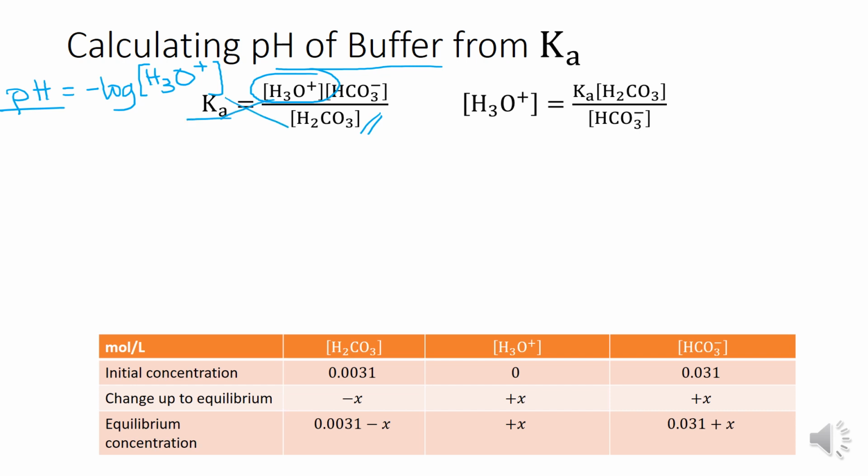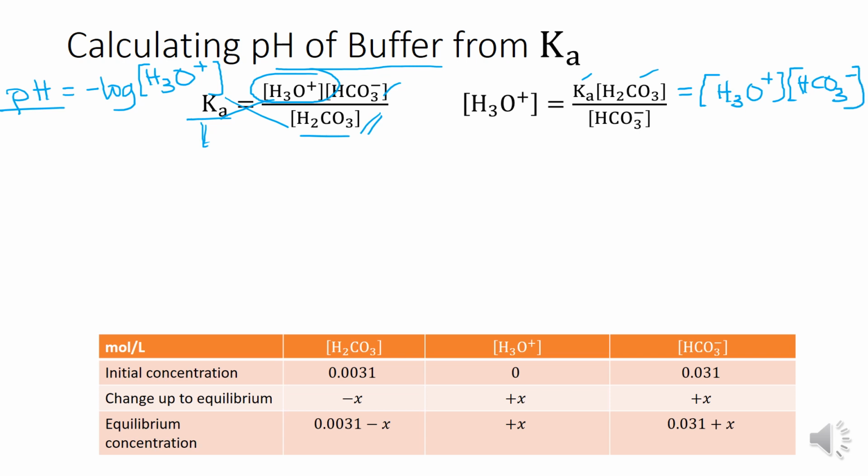Of course, this is over 1. So we have Ka times this denominator equal to 1 times this numerator, so that's hydronium ion concentration times bicarbonate ion concentration.